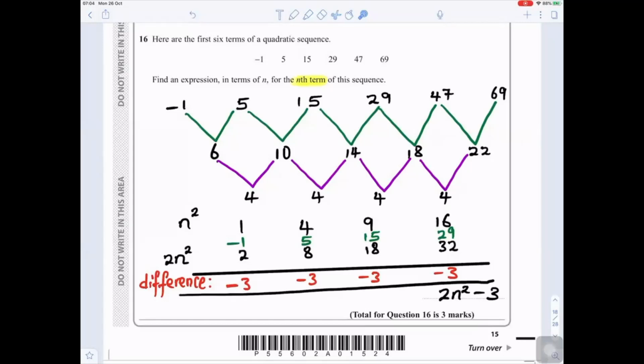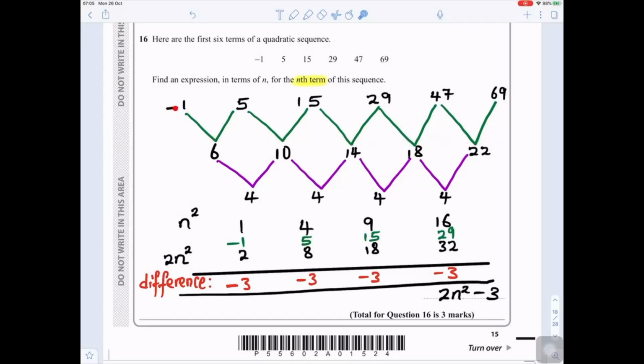Question number 16. Here are the first 6 terms of a quadratic sequence: minus 1, 5, 15, 29, 47, 69. Find an expression in terms of n for the n-th term of this sequence. Let's find the first difference.